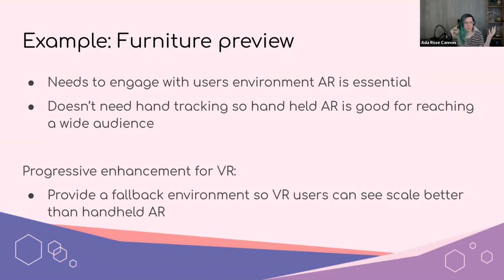But if you're already supporting head-mounted augmented reality, it's not actually too much work to support virtual reality as well. And if you provide a fallback environment, a user who really wanted to see the scale of something with a stereoscopic view could view it in some kind of fallback VR environment so that they can see the scale stereoscopically.